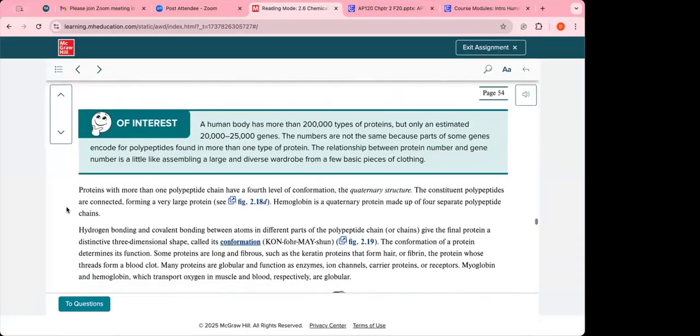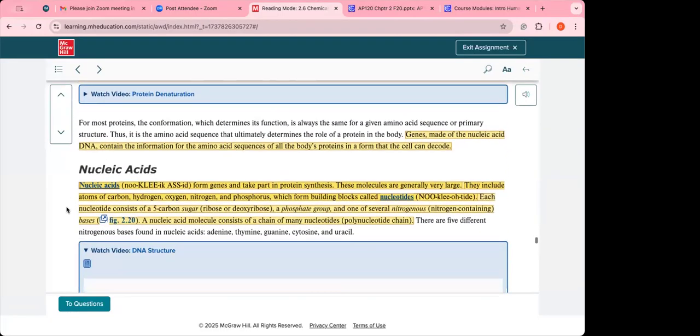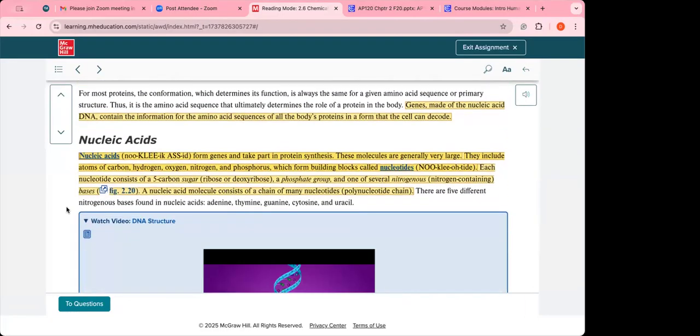Okay, so nucleic acids form genes and take part in protein synthesis. These molecules are generally large. They include atoms of carbon, hydrogen, etc., which form the building blocks called nucleotides. So, nucleotides are made from nucleic acid.